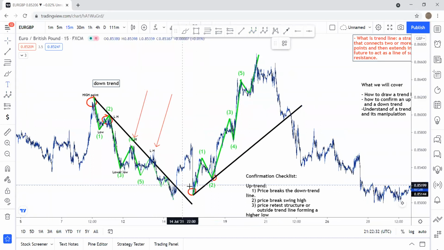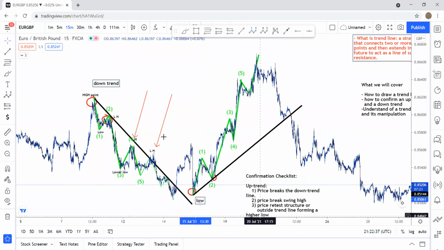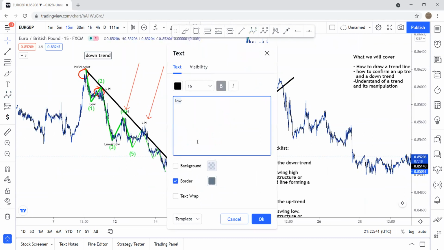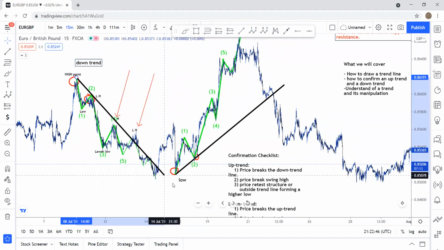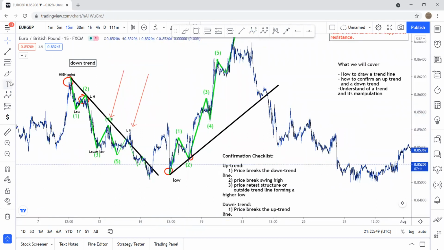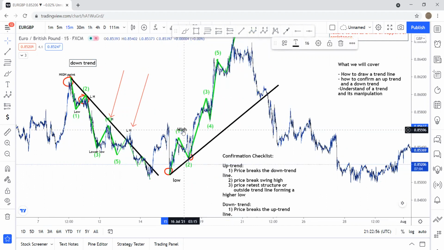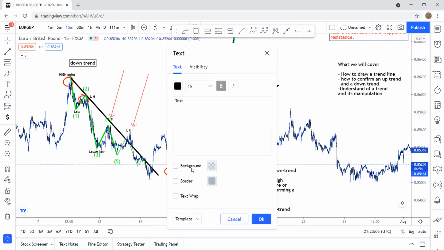So let's mark that up. We have a low over here. All right, we have a low. It's going to be an uptrend. We have a low over here. A high. Higher low.